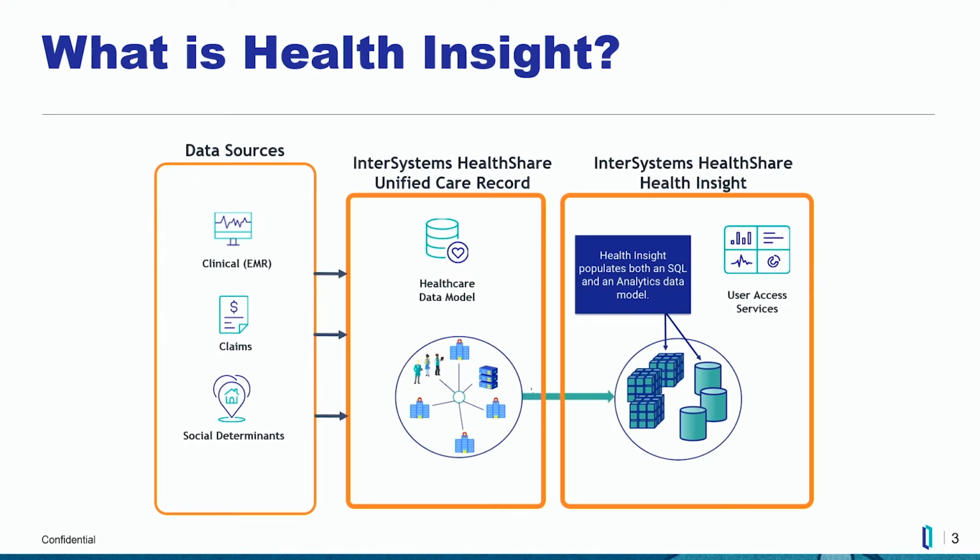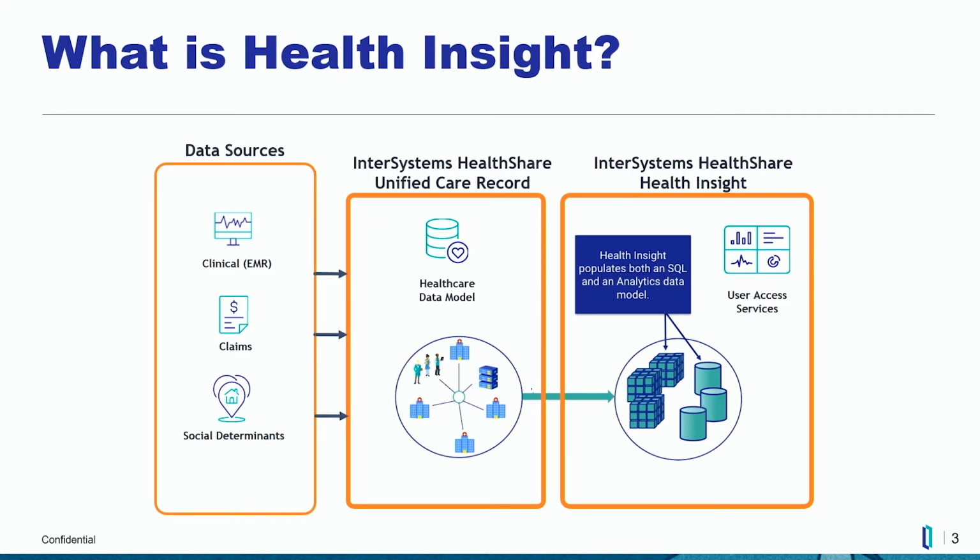And I'm sure most of you are already quite familiar with Health Insight, but in case anyone is here to learn about what it is, I'll give a quick introduction. So within the HealthShare product suite, we have Unified Care Record, which is able to take in massive amounts of clinical data and a few other data types from many different sources in many different formats.